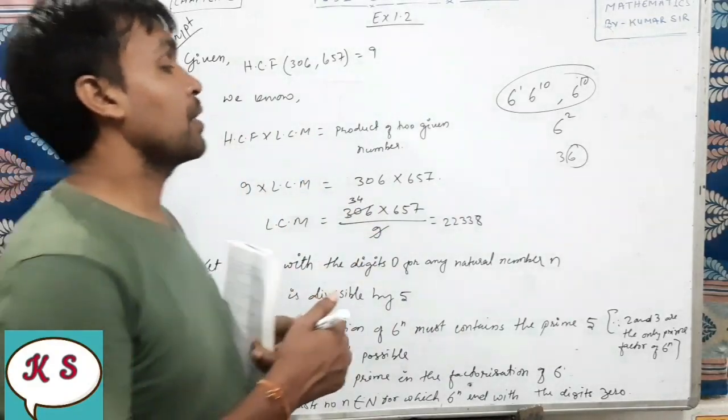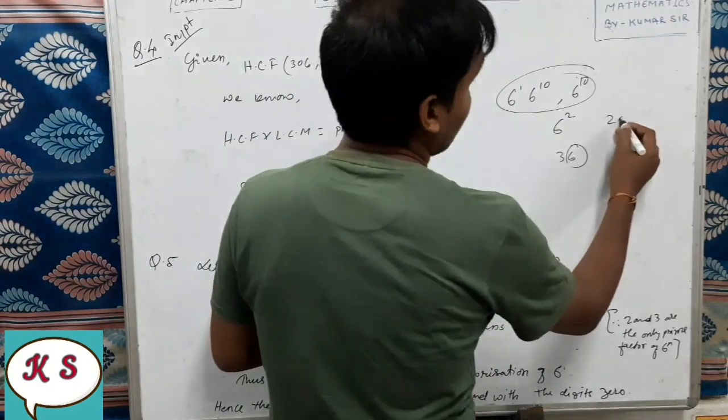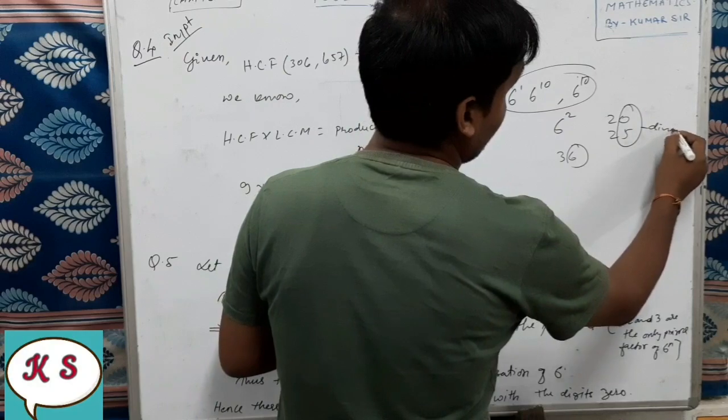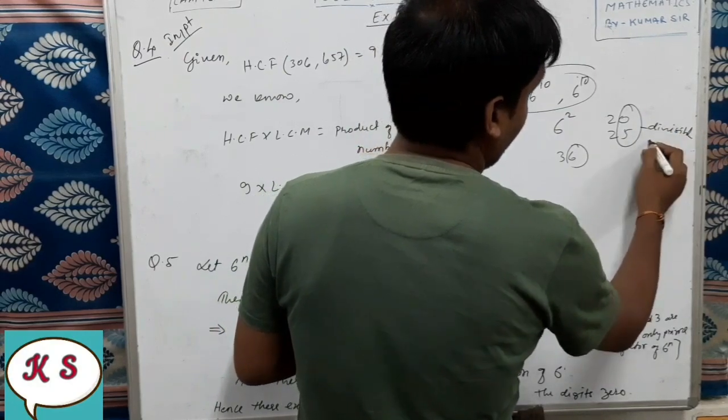Now if 6 to the power n ends with the digit 0, then we know very well that any number which ends with 0 or 5 is divisible by 5, right or not?